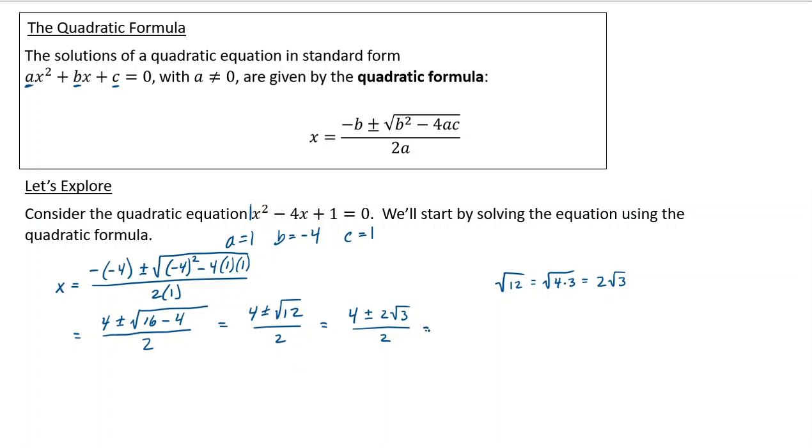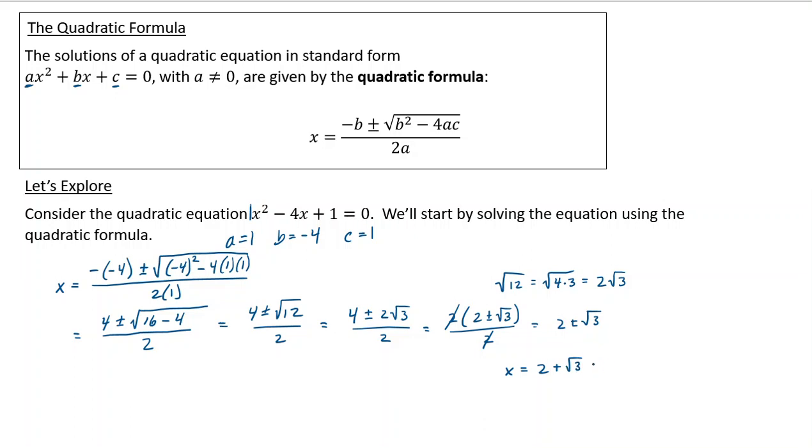And then I can factor out a 2 on the top. Both of my terms up top have a factor of 2. And then that's going to allow me to cancel with that 2 that's on the bottom there, and I just get 2 plus or minus the square root of 3. And so my two distinct solutions would be x equals 2 plus square root of 3.